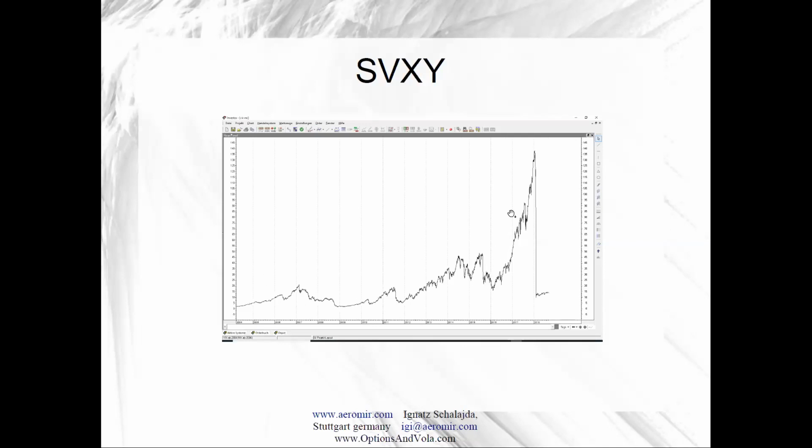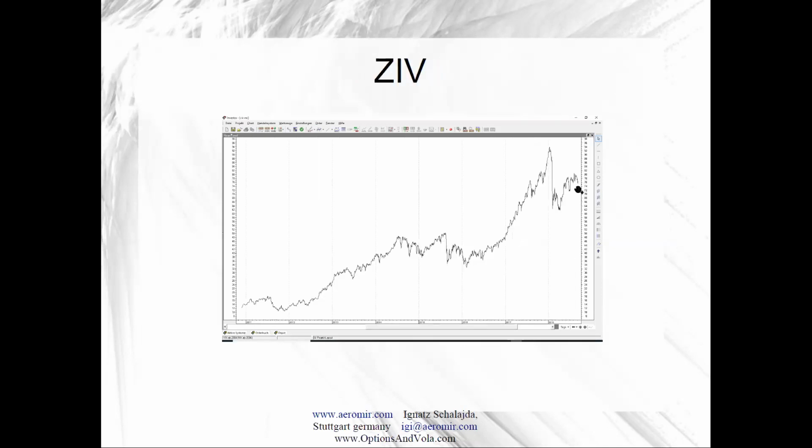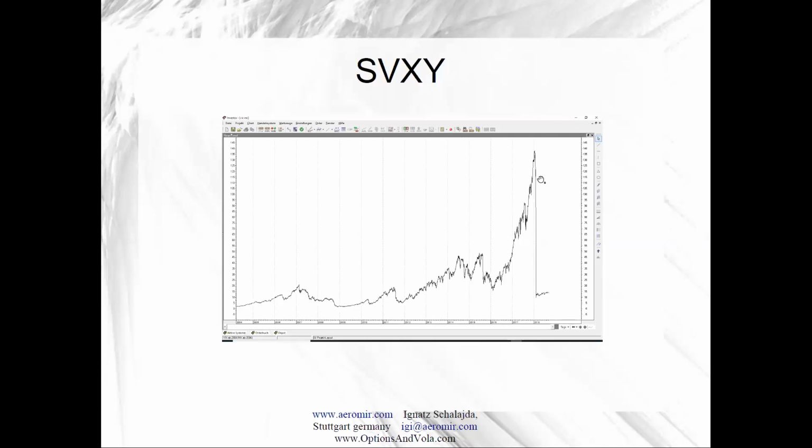But both have a trend to the upside. This is no logarithmic scale. And here it's also no logarithmic scale, but here it came down from roughly 95 down to about 60. And here it came back more than 90%.